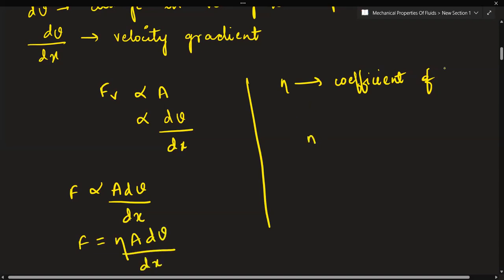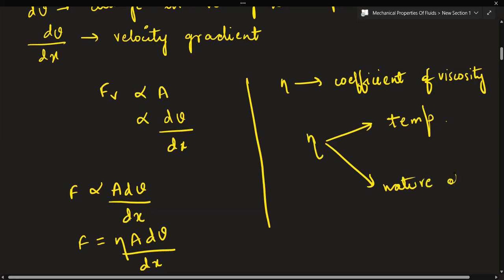Now see, this coefficient of viscosity depends on two factors. One is the temperature. The other one is the nature of the material. And what is the direction of viscous force?